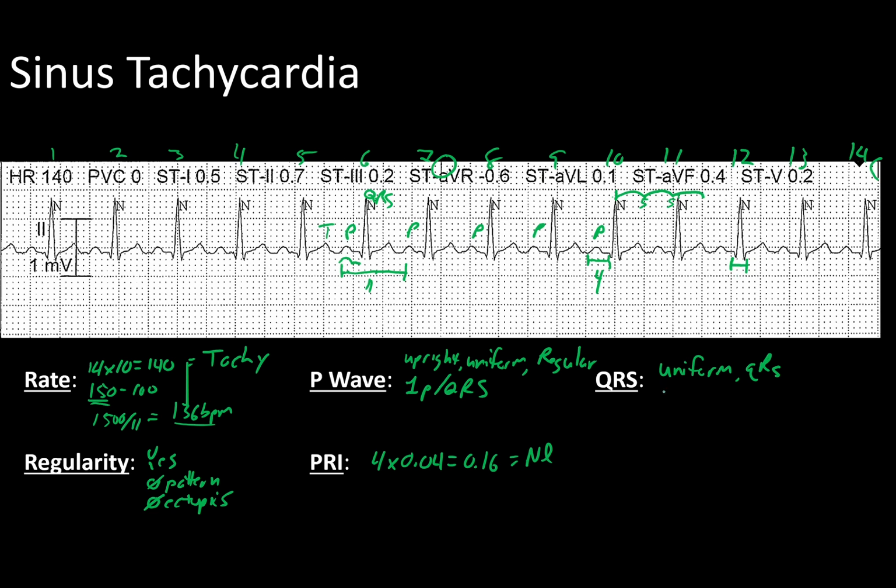So that one's actually about 2.5. Which again is normal. So I have a normal QRS, I have a normal PRI, I have normal P waves, it's regular, just a little bit tachycardic. That's sinus tach.